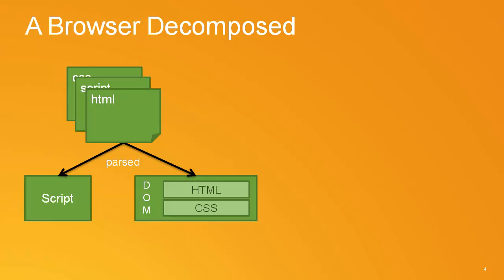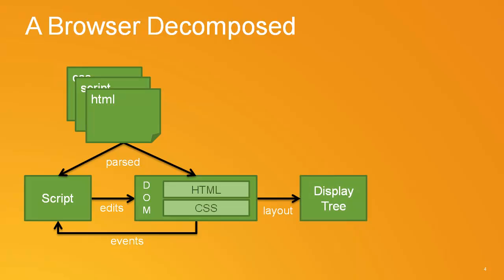And here we're going to have a virtual machine that is going to be executing all of this code, and the way that it does it is that the script edits the DOM, and the DOM itself, through some interaction with the user, fires events back to the script, and then this cycle goes. Once this is done, layout fires, and then it creates a display tree, and from there the display goes into rendering. This is the way browsers behave.